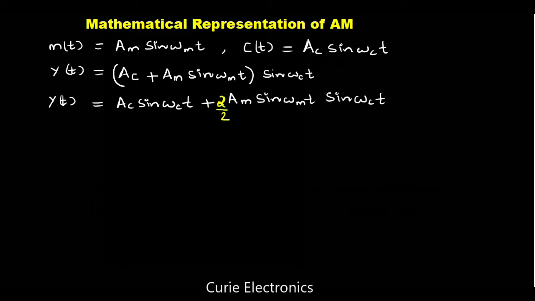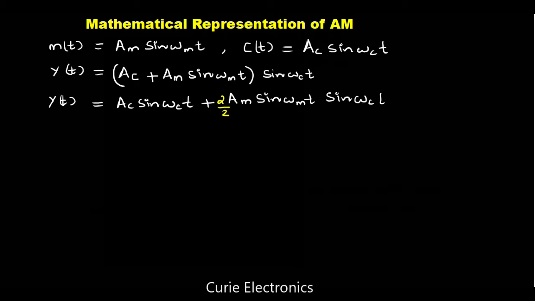This equation has two sine terms, but we want the equation in single harmonic. We need a single harmonic equation, so we should not have these two sine terms here. To simplify that, I will multiply and divide by 2. Let me write it properly. 2 upon 2, no issue.